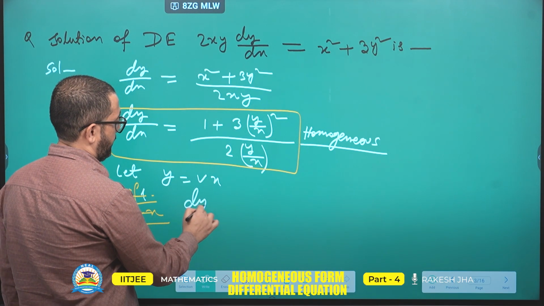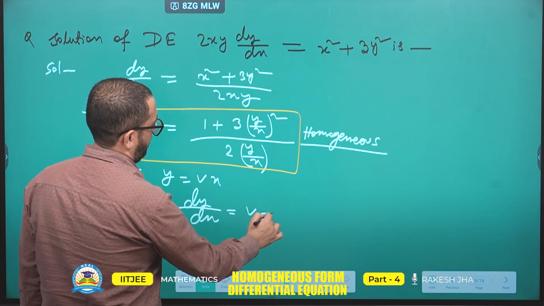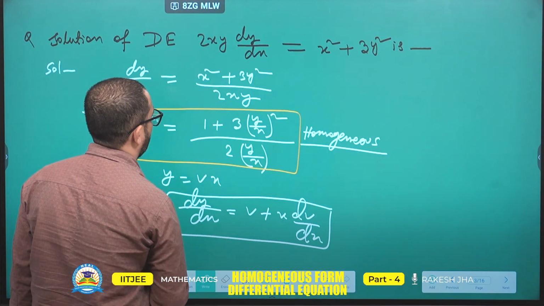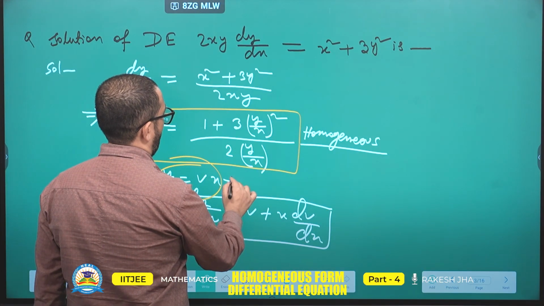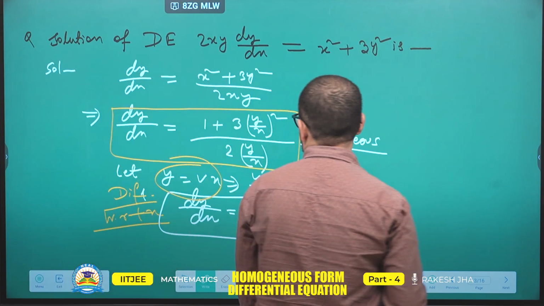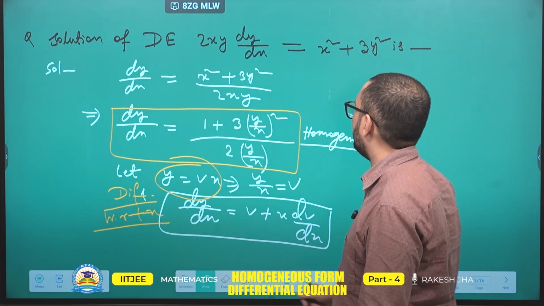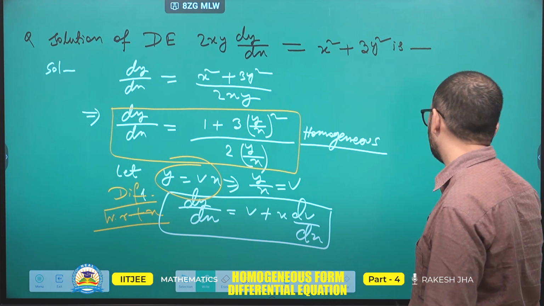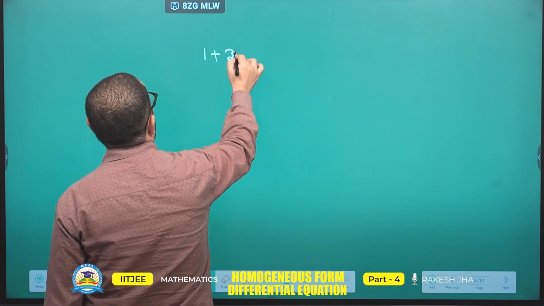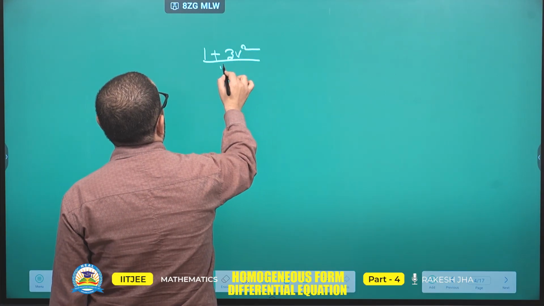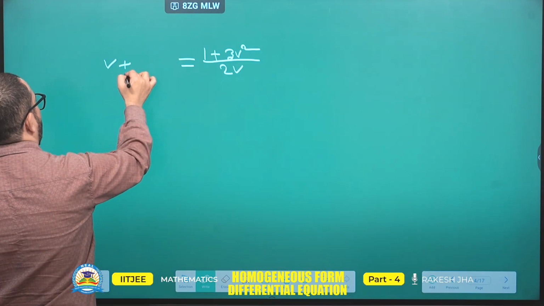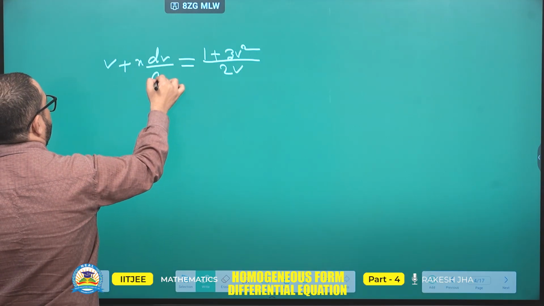So dy by dx will be equal to v plus x dv by dx, and also y upon x will be equal to v. So what will happen here: 1 plus 3v square upon 2v, and on the left side we know dy by dx, so it is v plus x dv by dx.